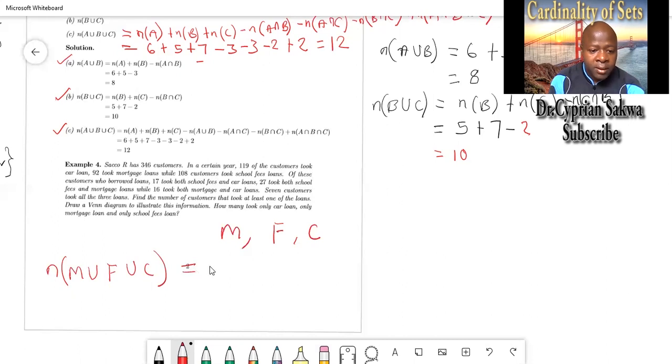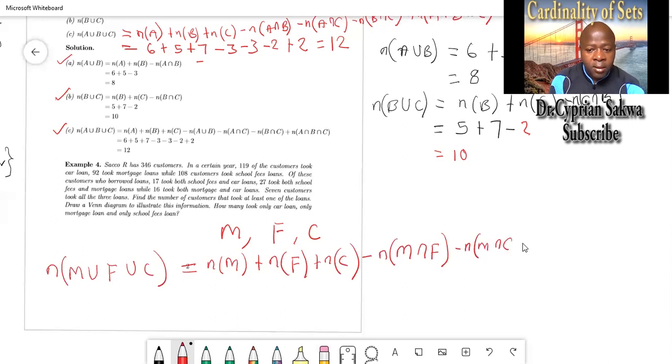And this will be the same as those that took mortgage loans plus those that took fees plus those that took car loans, minus those that took mortgage and fees, minus those that took mortgage and car loans, minus those that took fees and car loans, plus those that took all the three: mortgage, fees, and car.